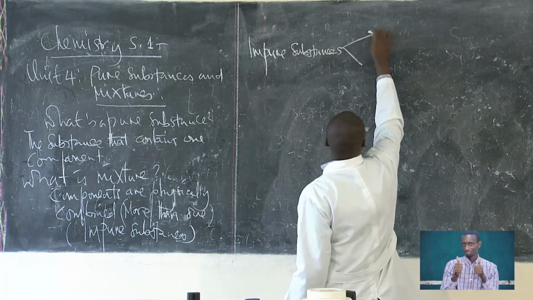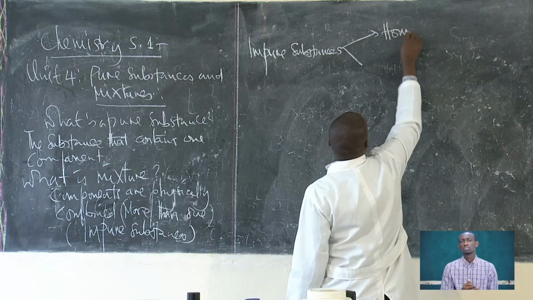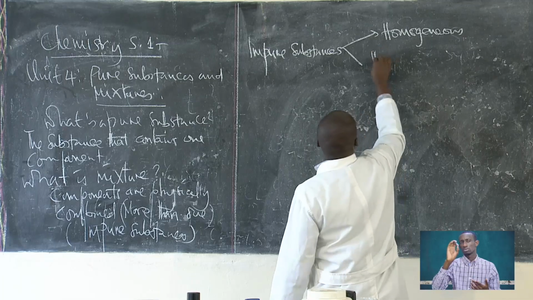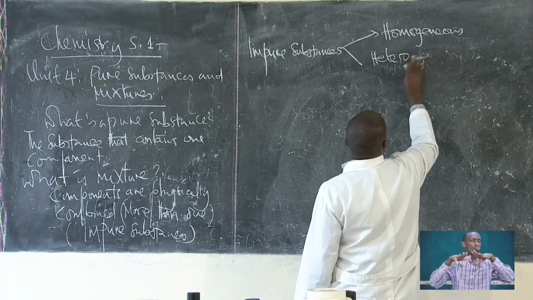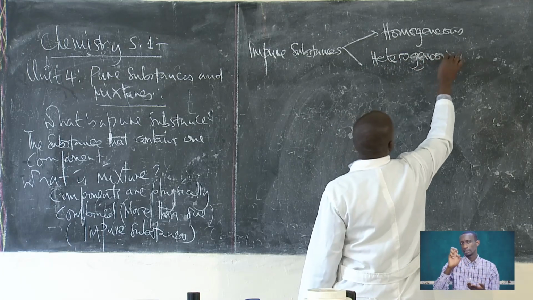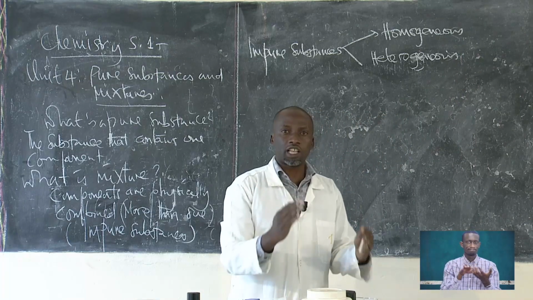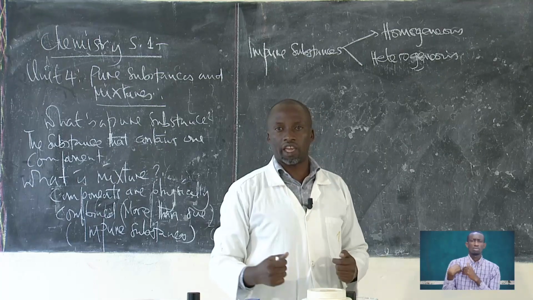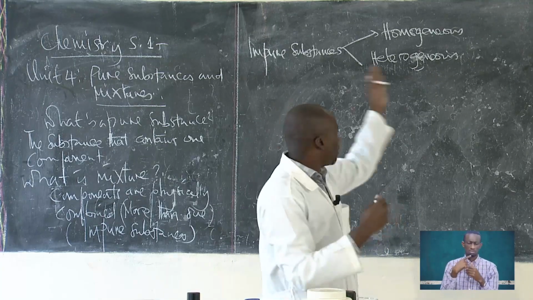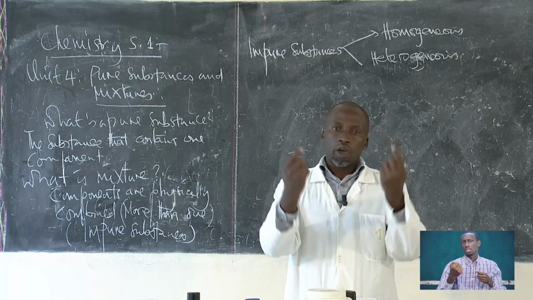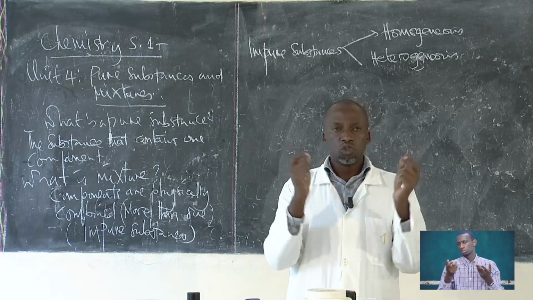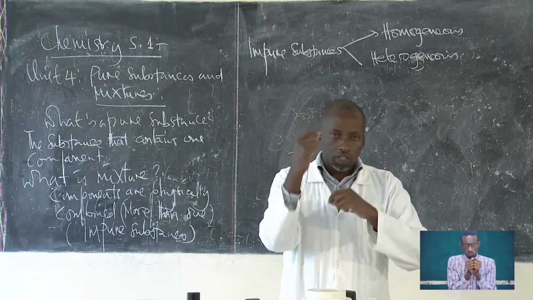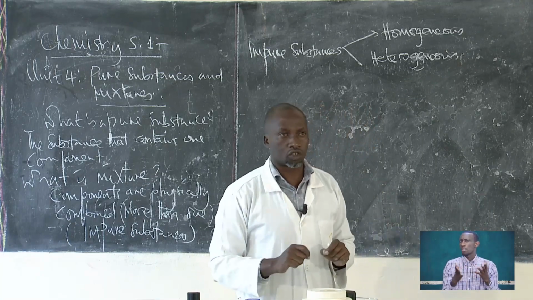Good. So we said that they are either homogeneous or heterogeneous mixtures. Then we gave some examples where you can have a homogeneous mixture where the two components are uniformly mixed together, or there is no phase distinction.